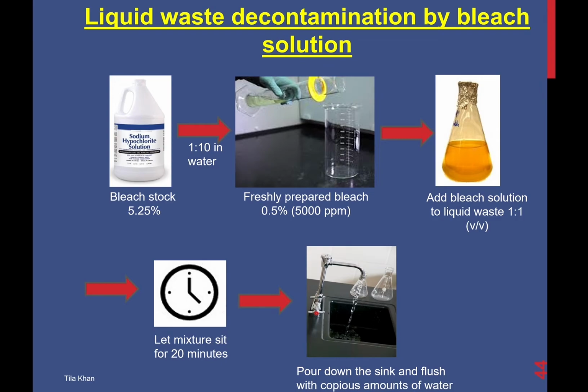And we wait for this mixture to sit for around 20 minutes, and after that we pour this whole decontaminated liquid waste into the sink, and we flush with a lot of water so that it just washes out from the drain.